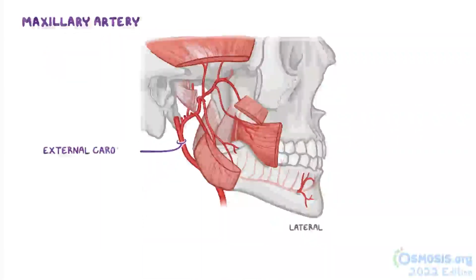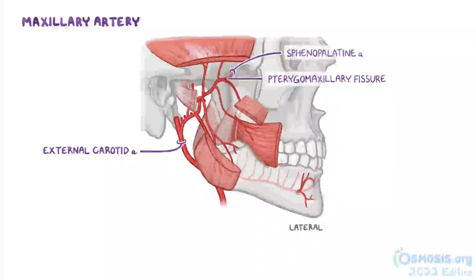The maxillary artery is a branch of the external carotid artery, which travels superiorly on the lateral pterygoid muscle to the pterygomaxillary fissure, from where it continues as the sphenopalatine artery.